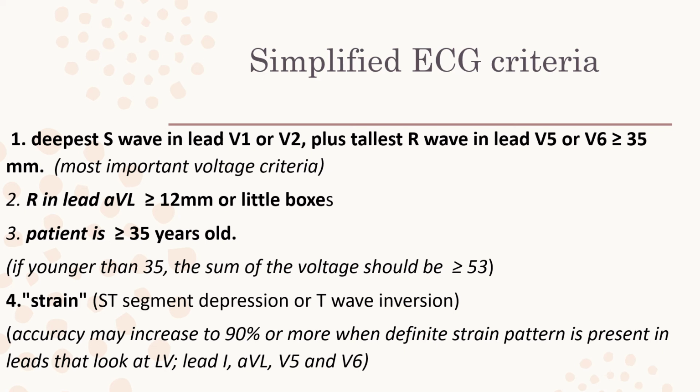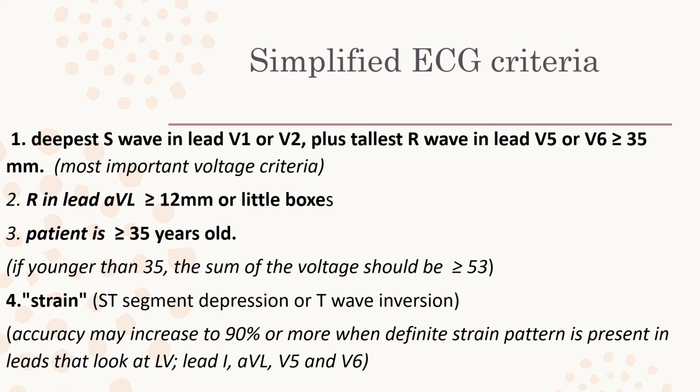And so for them, it may be completely normal that their heart is bigger in relation to the rest of their body than somebody who's over the age of 35. And so we just flip the numbers. So for anybody who's young, even a child, and we get an EKG, we need to meet the criteria for hypertrophy. Their tallest or deepest S wave in lead V1 or V2 plus the tallest R wave in V5 or V6 has to be greater than 53. So just flip those numbers.